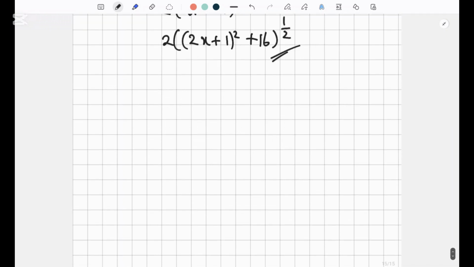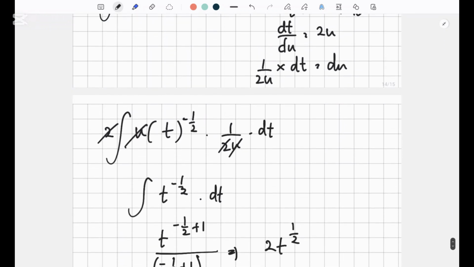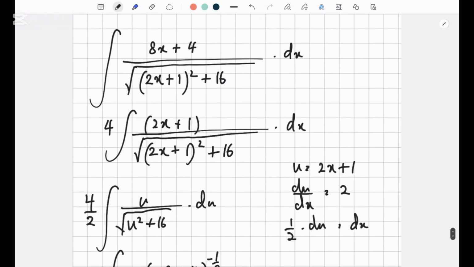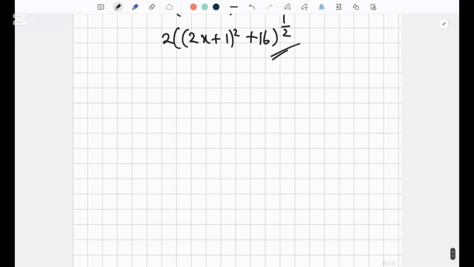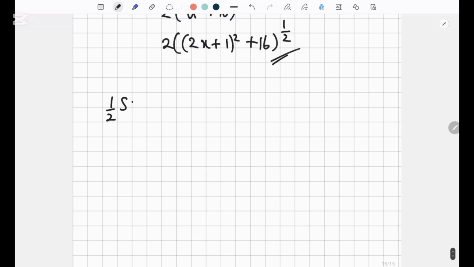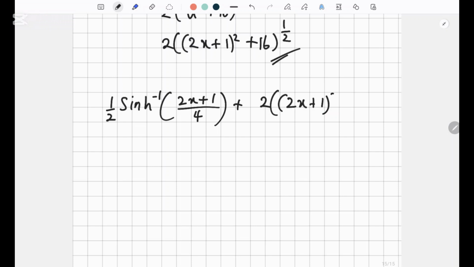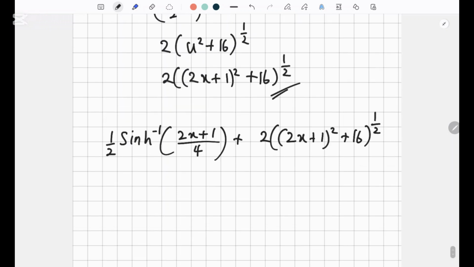Okay, so now you can write both the integrations together because those were additions, right? So you can write half sinh inverse of (2x plus 1) over 4, plus 2 into (2x plus 1) squared plus 16 to the power half.